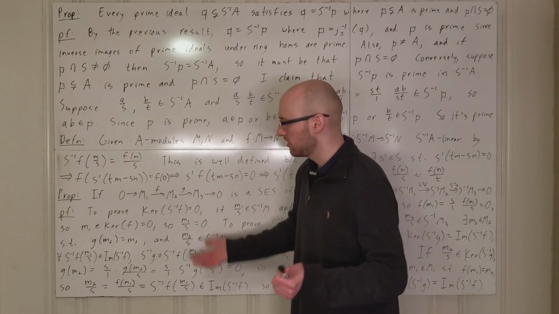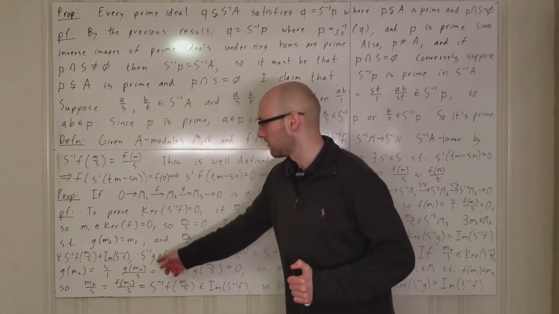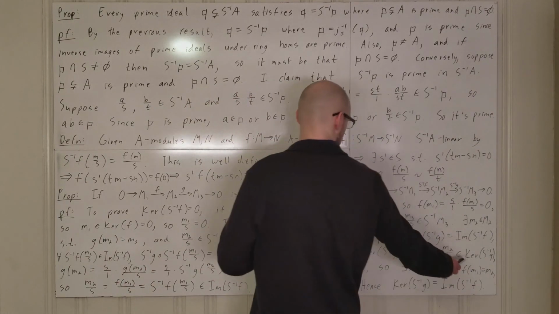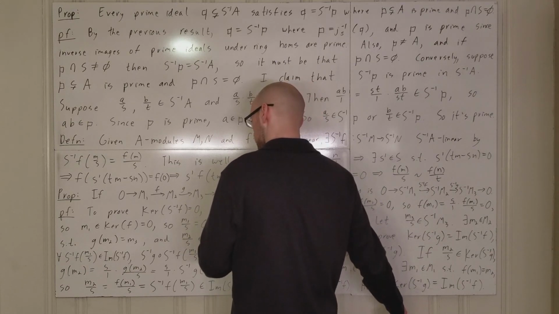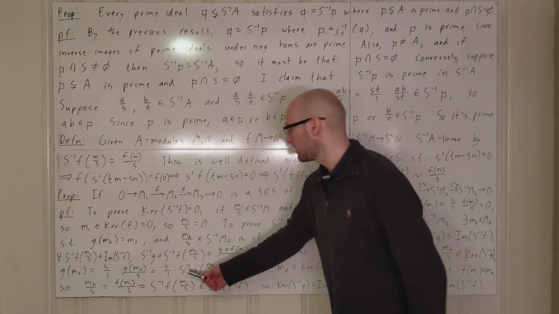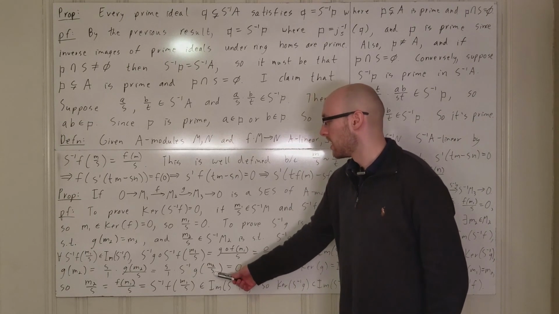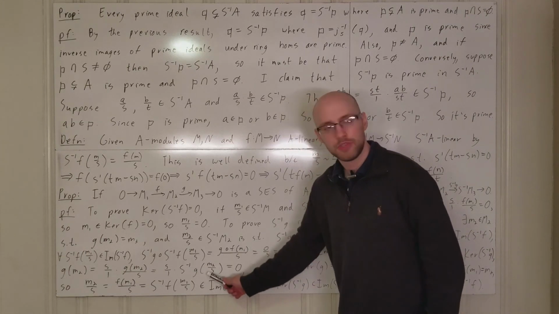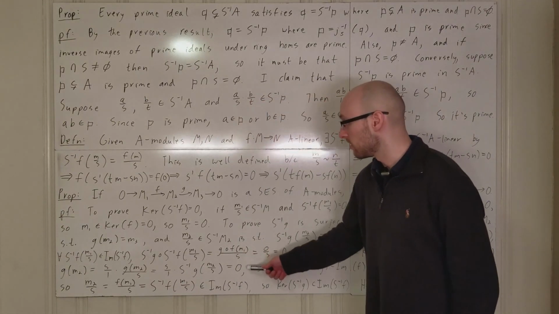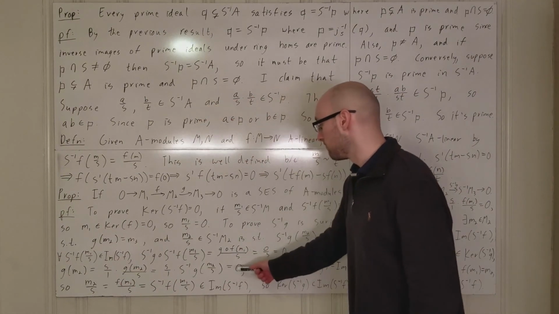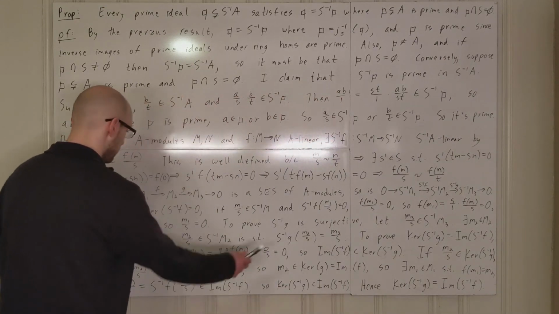We can write this, certainly we just take S over 1 times G of M2 over S. G of M2 over S, that's just S inverse G of M2 over S. But we've assumed that M2 over S is in the kernel of this map, and so this is just S over 1 times 0, which is 0. So G of M2 equals 0, which means that M2 is in the kernel of G.